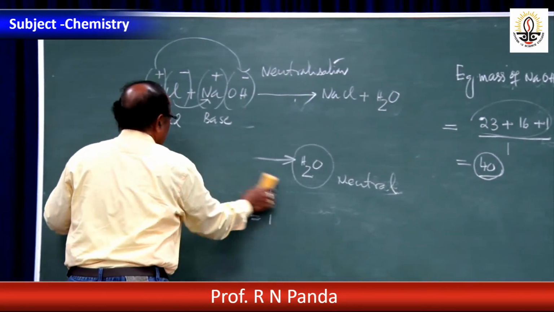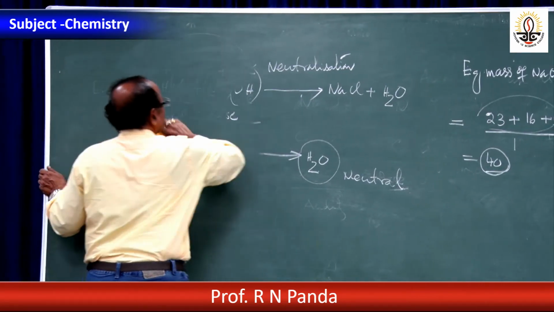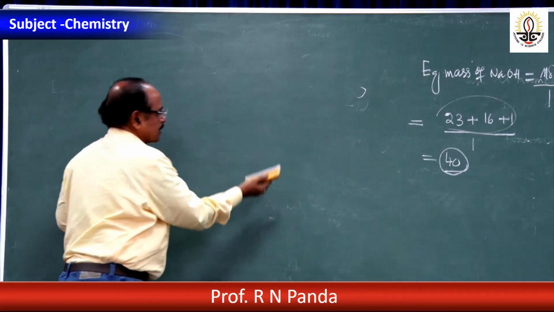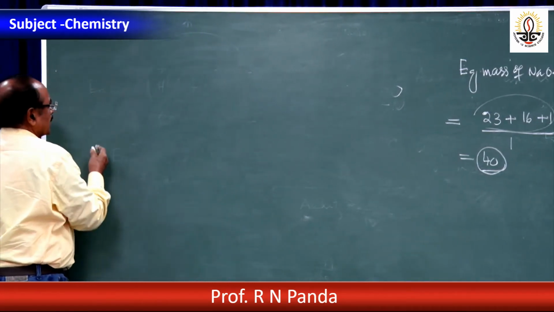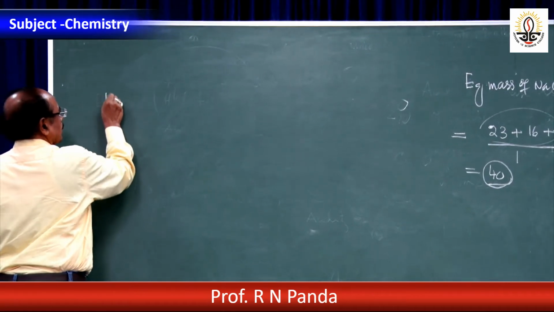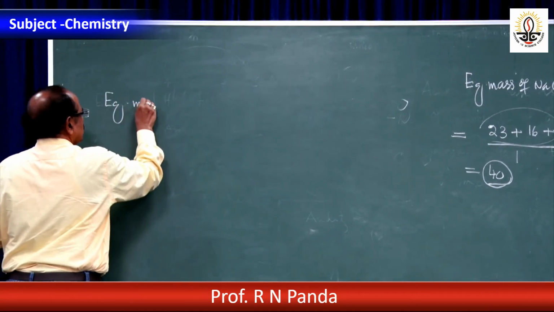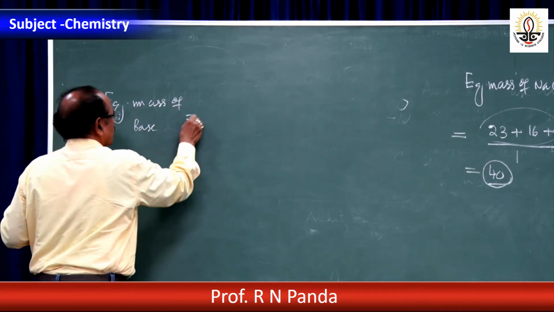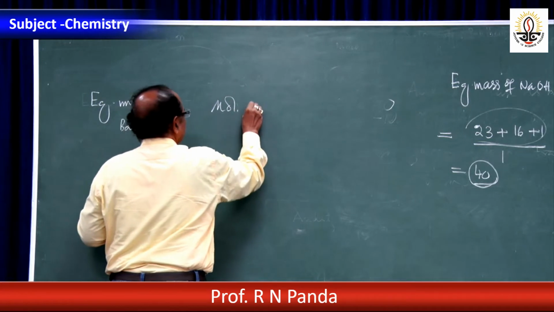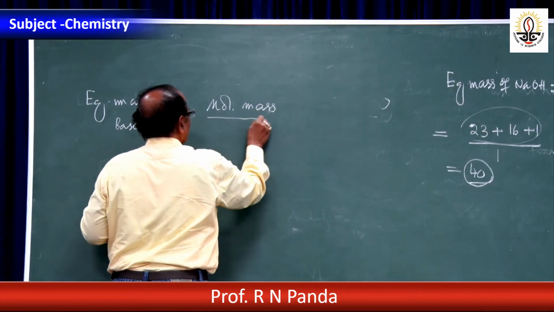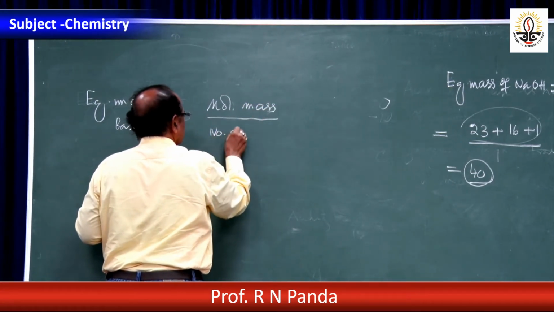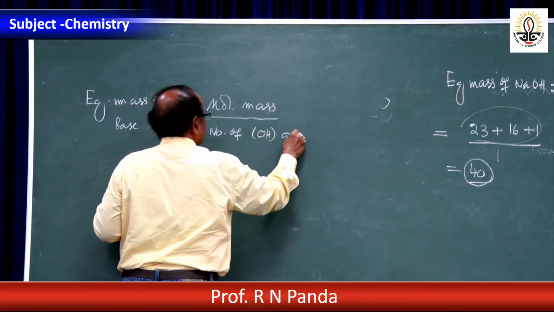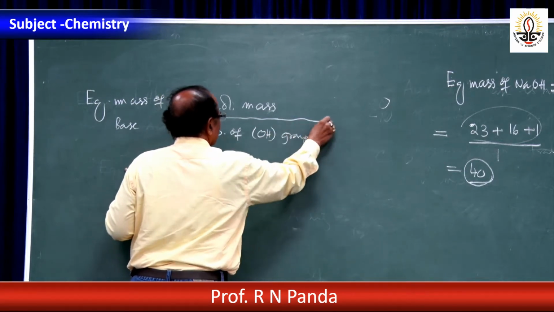This is a very simple way we can say it, for beginners who are starting their career: the equivalent mass of base is equal to the molecular mass divided by the number of OH groups present.